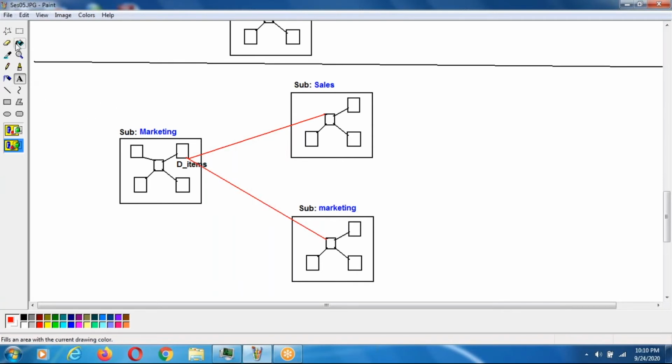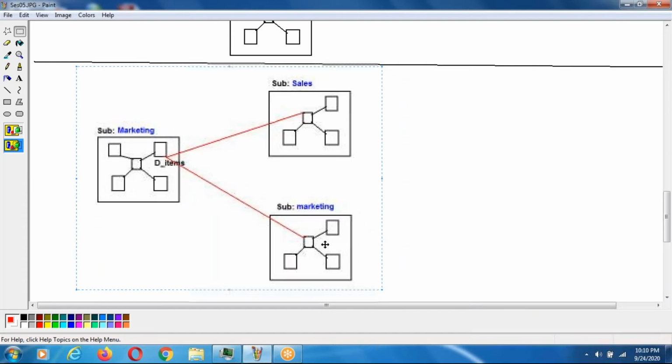So whenever you share the tables in this way, that structure is called a galaxy schema.